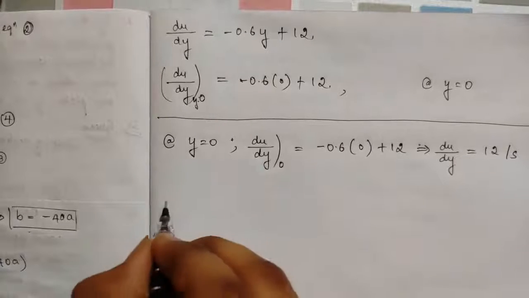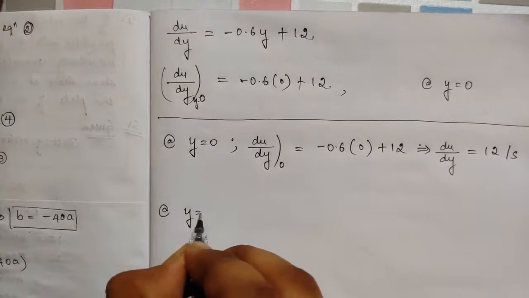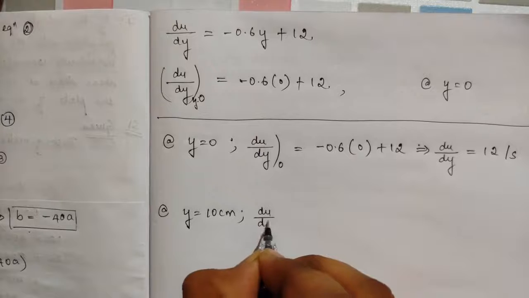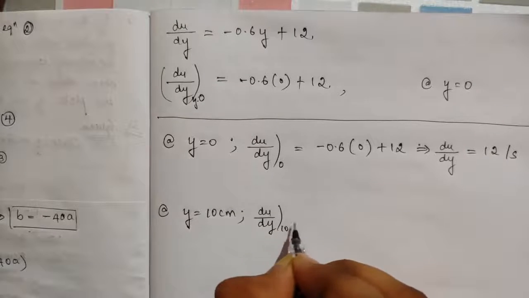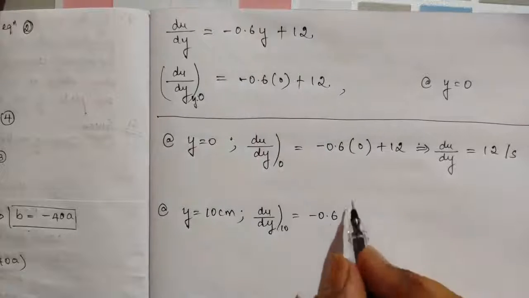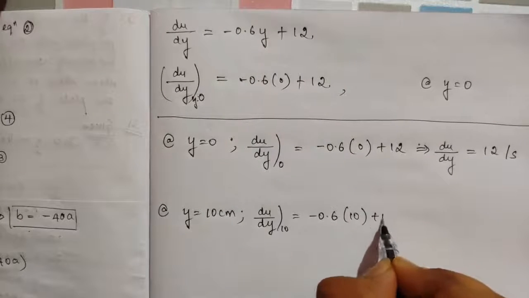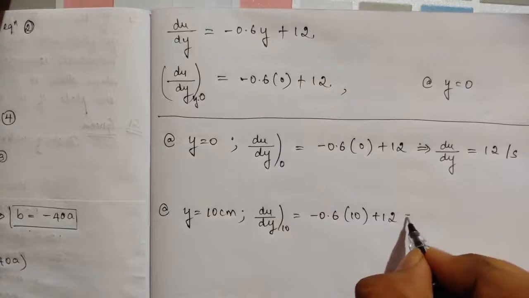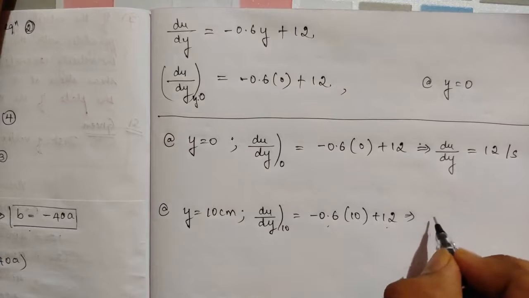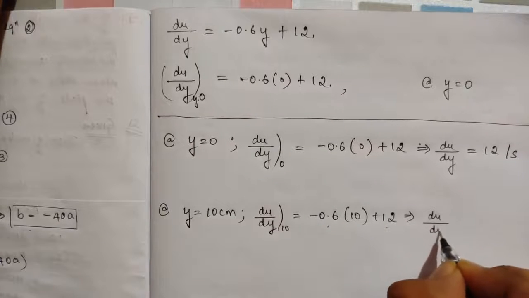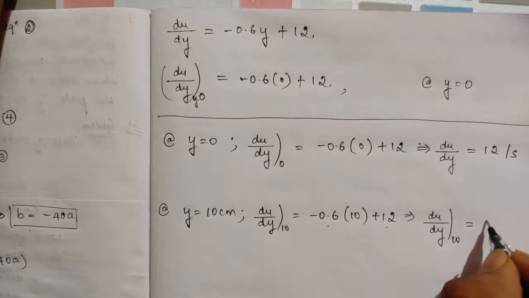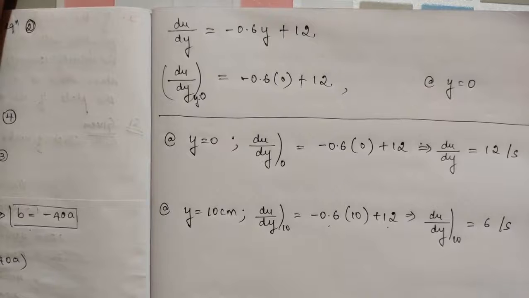Now at y is equal to 10 centimeter, du by dy at 10 is equal to 0.6. In the place of y, what do we have to put? 10. Plus 12: it would be minus 6 plus 12, which is a positive value, so du by dy at 10 is 6 per second.